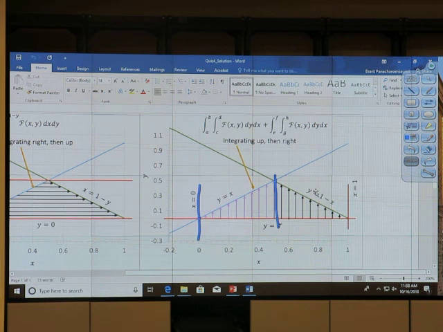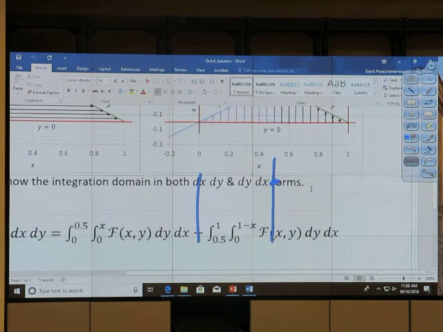That line is x equal to 0, and that line is what? What is the cross point? 0.5? How do you know it's 0.5? Because that's where it crosses, right? x equal to y and y equal to 1 minus x. You can solve those equations. So the cross point is 0.5. So I integrate from x equal to 0 to x equal to 0.5. That's how I get that. Good?